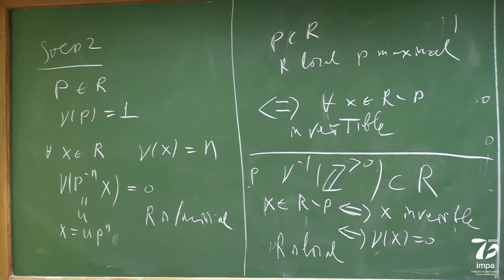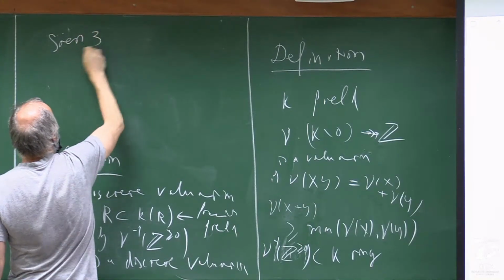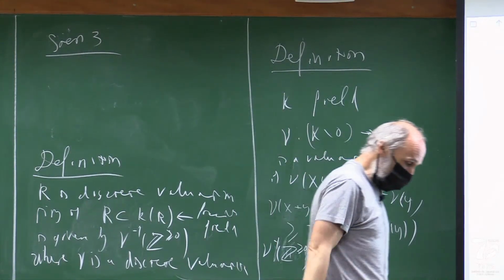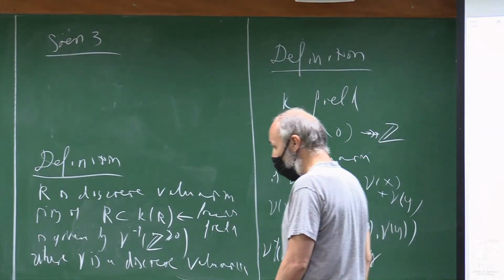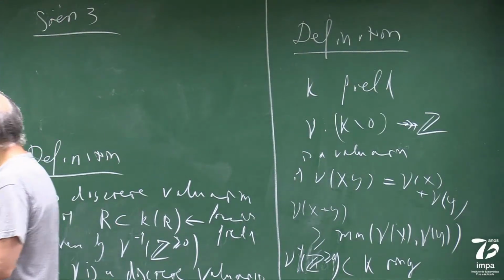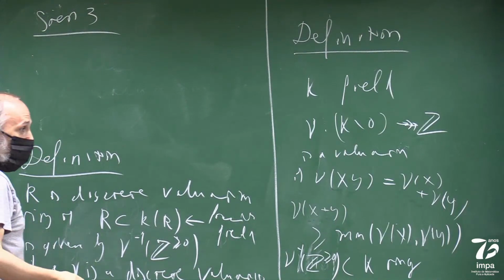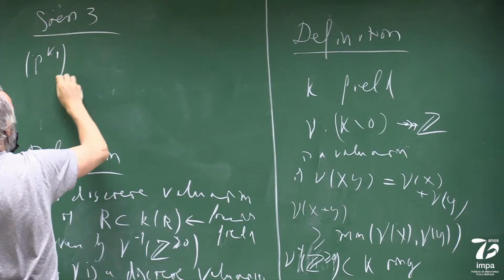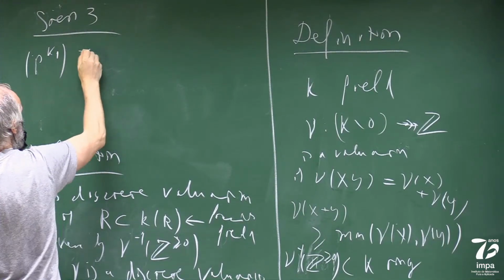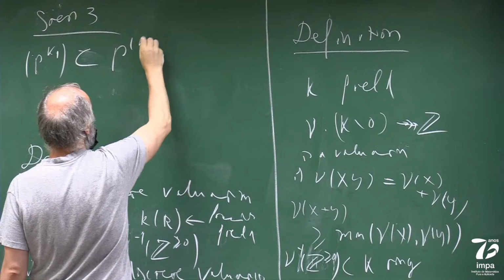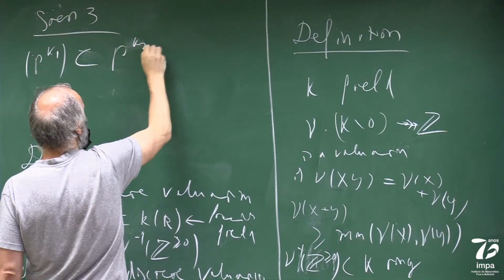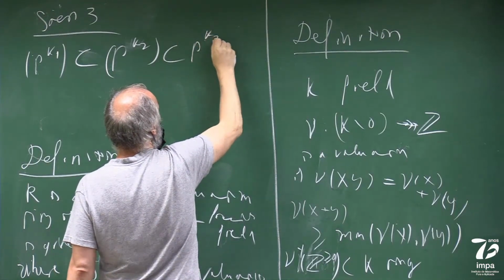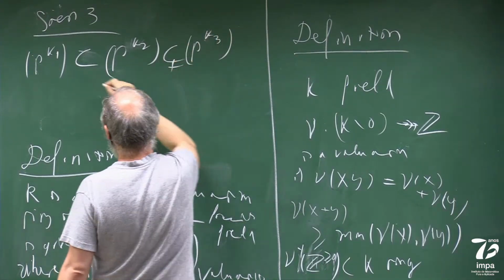So step 3. Noetherian means that if you have an increasing sequence of ideals, it has to terminate. But all our ideals are powers of p. So you have p to the k1 contained in p to the k2, contained in p to the k3, and so on, and we can assume they're all different.